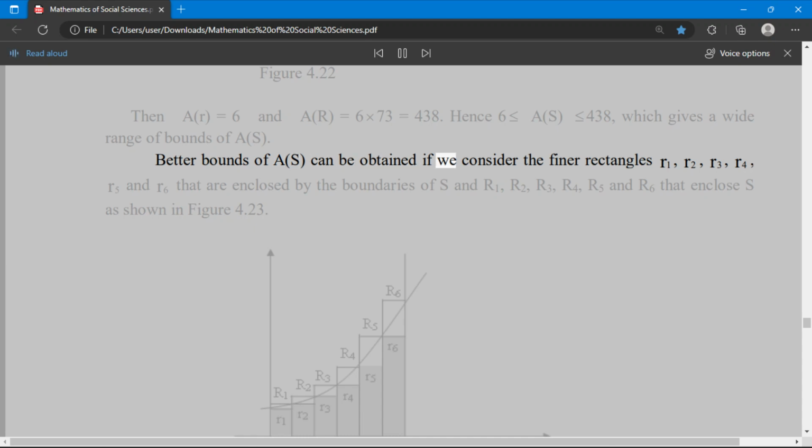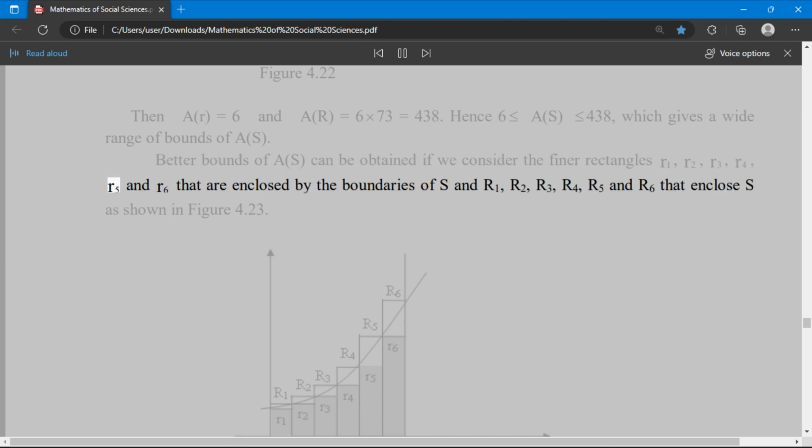Better bounds of A(S) can be obtained if we consider the finer rectangles r1, r2, r3, r4, r5, and r6 that are enclosed by the boundaries of S and R1, R2, R3, R4, R5 and R6 that enclose S, as shown in Figure 4.23.